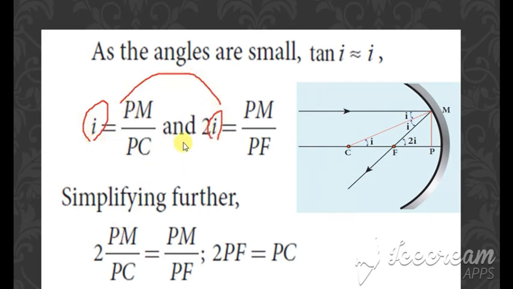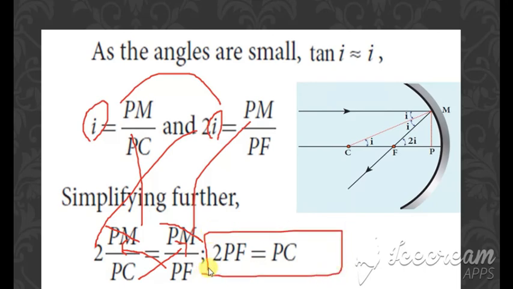So we get 2 into PM divided by PC is equal to PM divided by PF. Both sides cancel the value of PM. So we get 2 divided by PC is equal to 1 by PF. Just multiplying this side, we get 2 into PF is equal to PC. Clear?